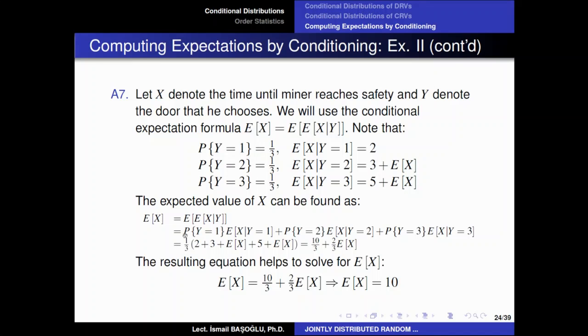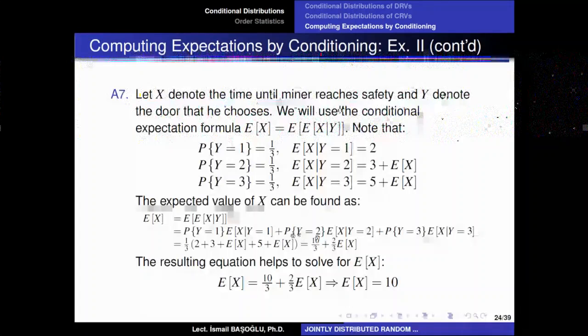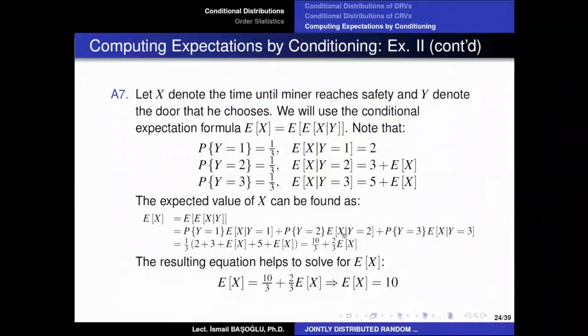So we basically say the probability that he chooses the first door times the expected time until he reaches safety, given that he selects the first door, plus the probability that the miner selects the second door times the expected time until he reaches safety, given that he selects the second door, plus the probability that he chooses the third door times the conditional expectation of time until he reaches safety, given that he selects the third door.